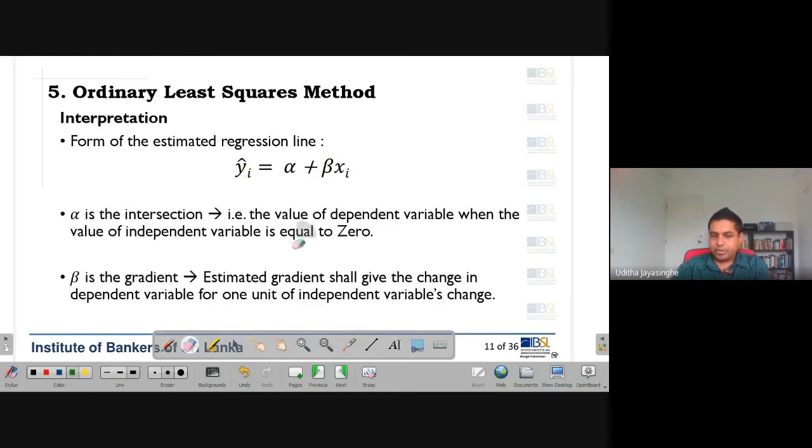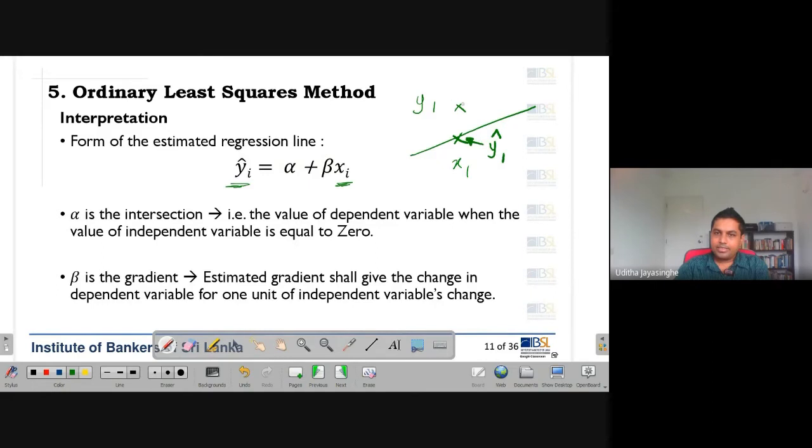Because these are going to be the actual x1 values. For these x1 values, there is an actual y1 value, and there's going to be a predicted y value. For that only we call it y hat i.